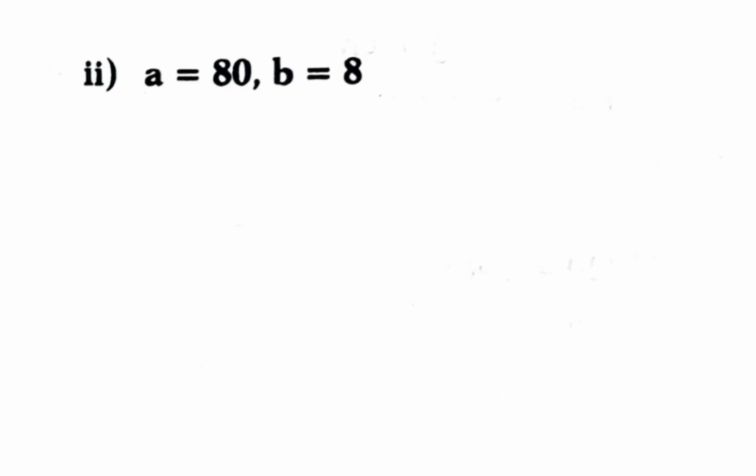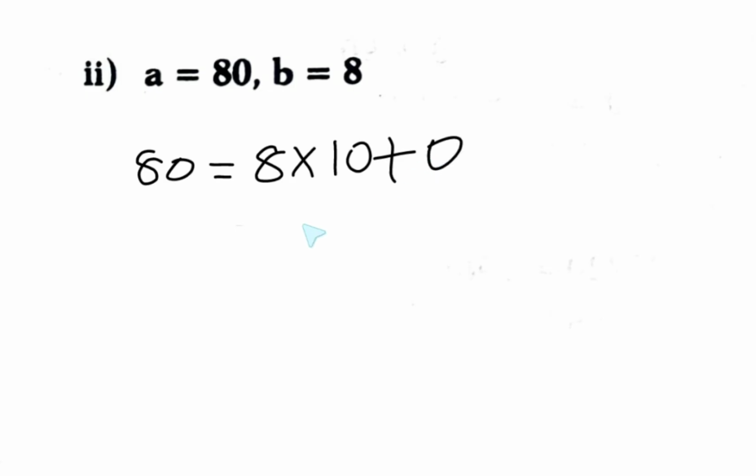Next, A equal to 80 and B equal to 8. There A is equal to 80, and 80 is equal to B is 8 into 10 plus 0.